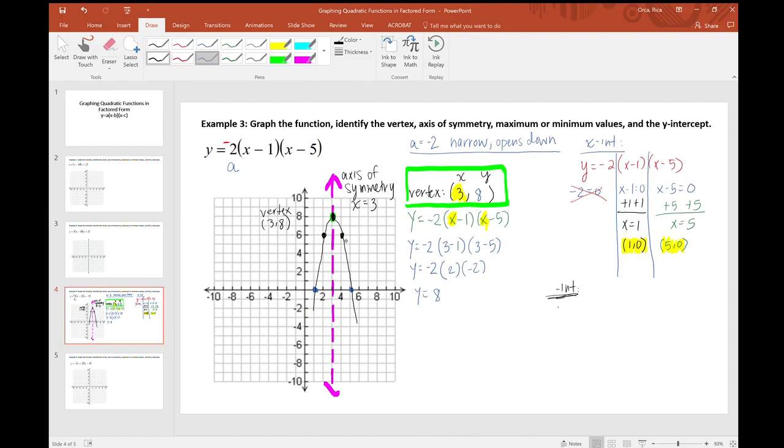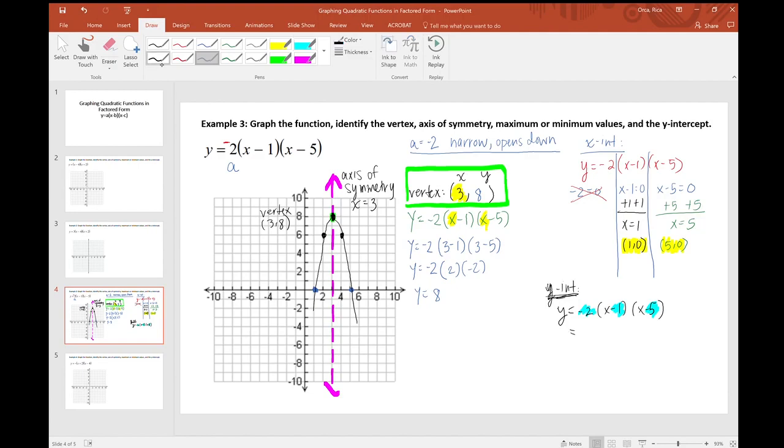We have y equals -2 times x minus 1 times x minus 5. Once again, take the numbers in your equation, -2, -1, and -5, and just multiply them together.